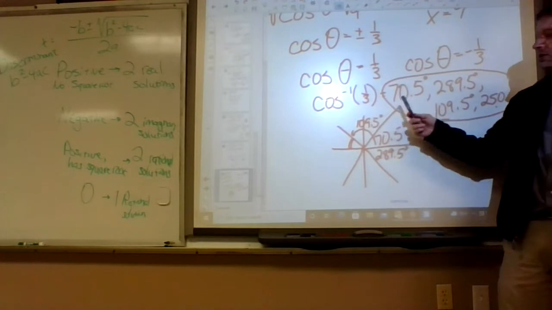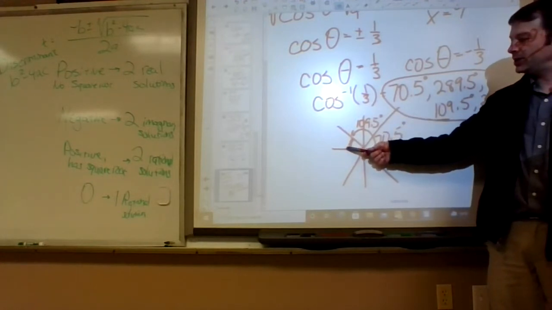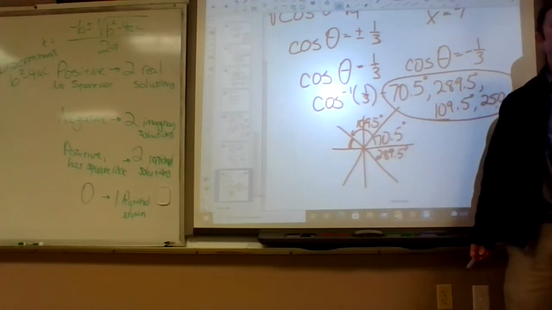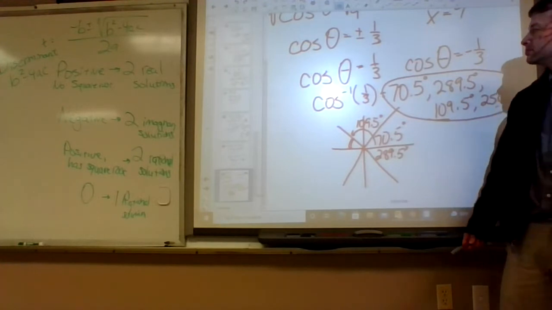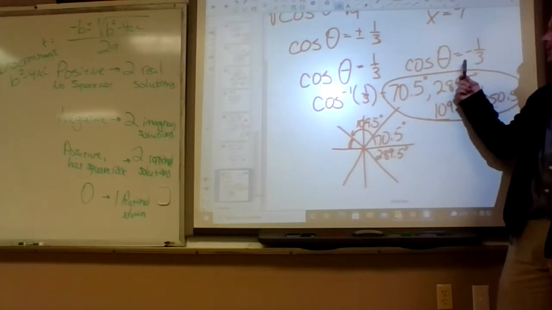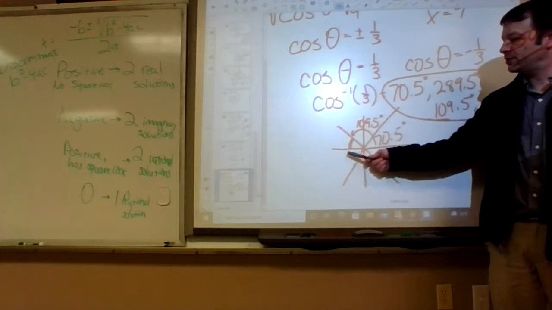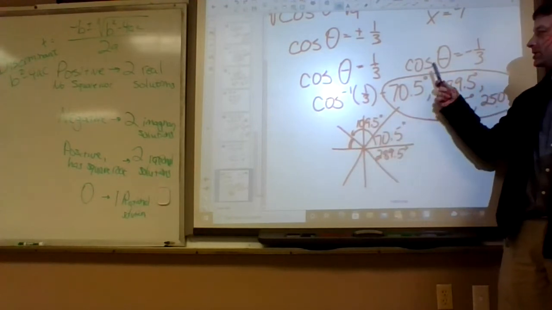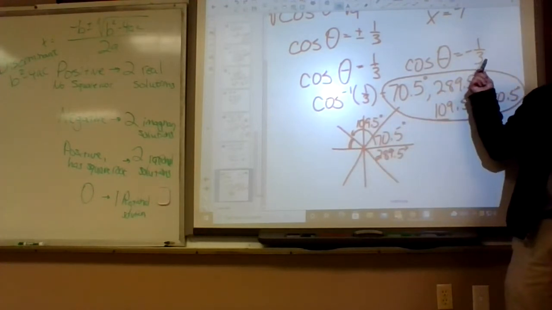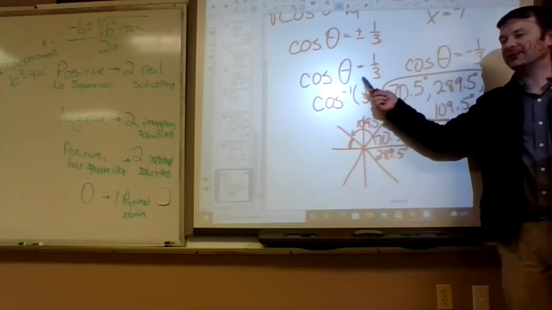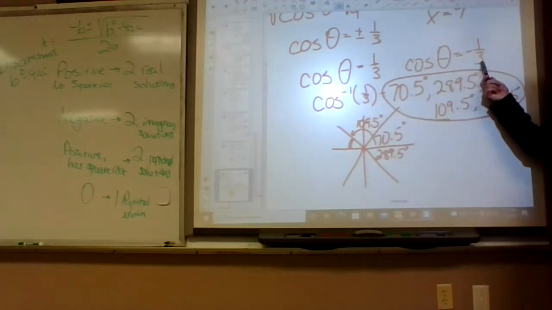The second quadrant angle was 180 minus 70.5, and the third quadrant was 180 plus 70.5. So do we do anything with the cosine of negative 1/3? The reason we used a second and third quadrant angle was because cosine was equal to a negative on this one. So this gives us two answers, and this gives us two answers.